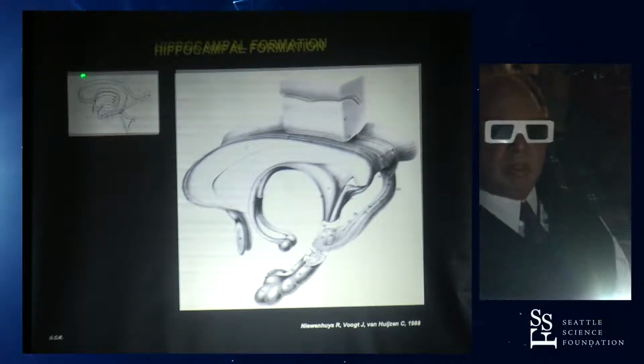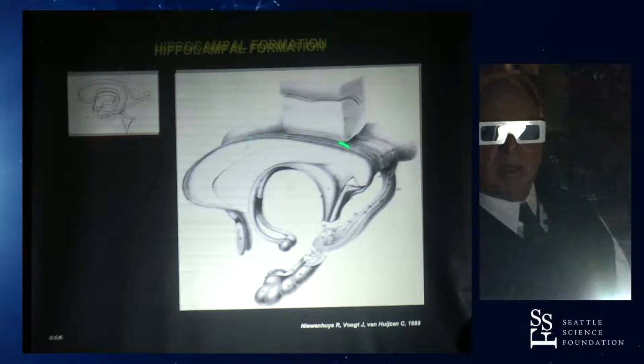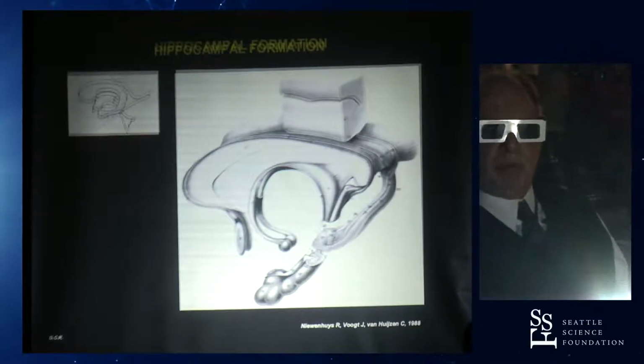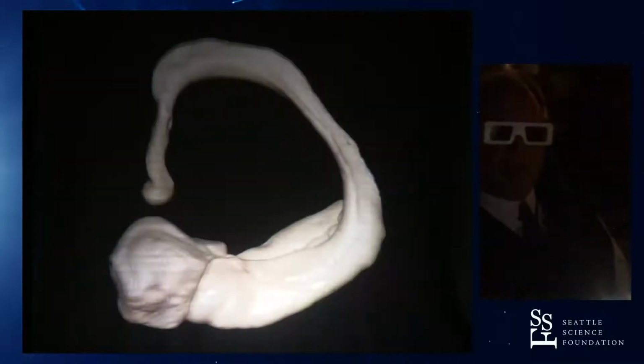And of course, since this came down here, you have a continuation between the indusium griseum and the hippocampus itself with other gyri fasciolaris. This is all vestigial structures now. They don't have a very defined function as far as we know. But try to understand at this point that the fornix is the tail of the hippocampus that just came down here, of course going around the thalamus as evolution did.